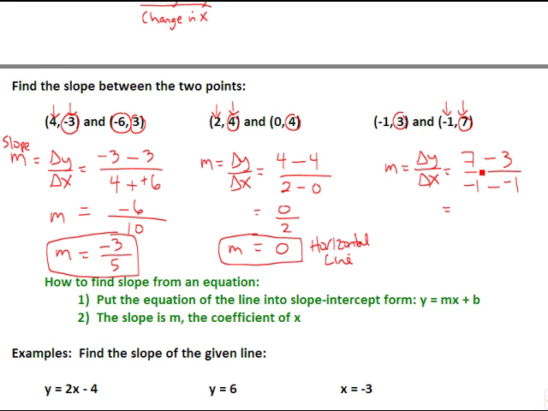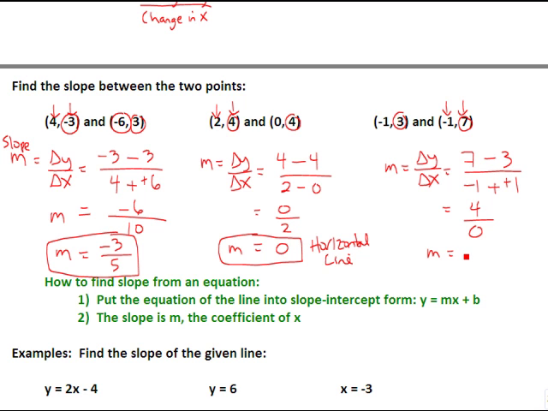So when we simplify, 7 minus 3 is 4. Negative 1 minus a negative 1, remember a double negative becomes a positive, so this is really negative 1 plus 1, which is 0. Now remember, when you divide by 0, that is undefined in mathematics. We can't do that. So 4 divided by 0 is undefined.